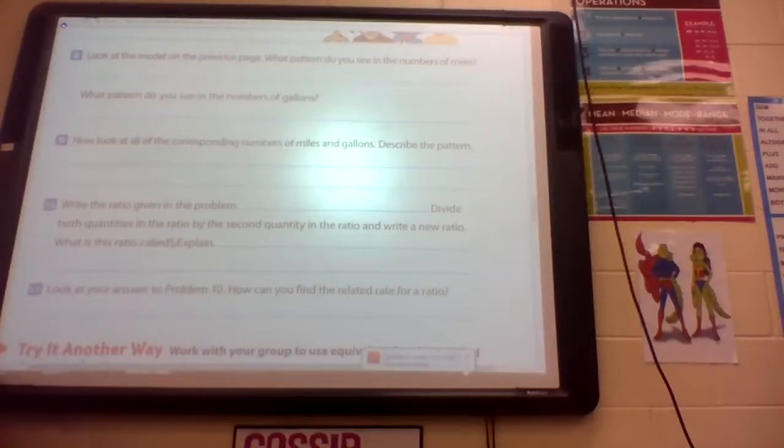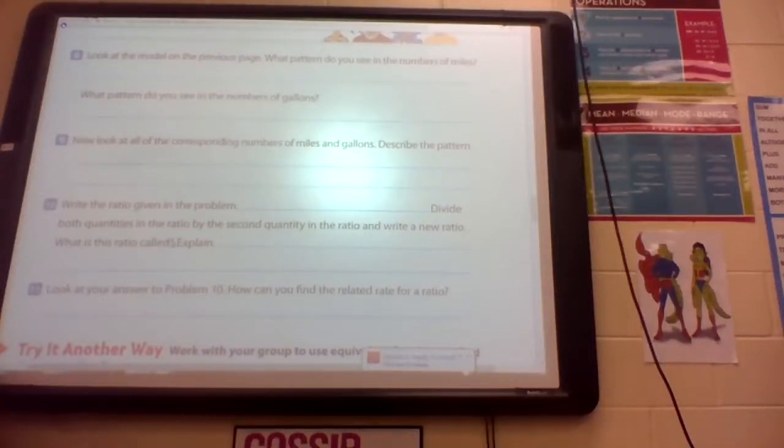So if we want to know the miles, all we do is multiply by 30. 30 times 1, 30 times 2, 30 times 3, 30 times 4. So miles equals 30 times gallons. Okay, so if we want to find our gallons, we divide by 30. So to find our gallons, we do miles divided by 30.